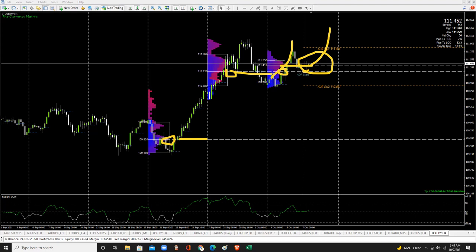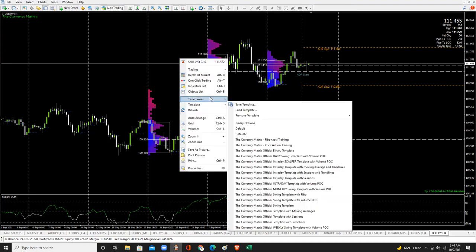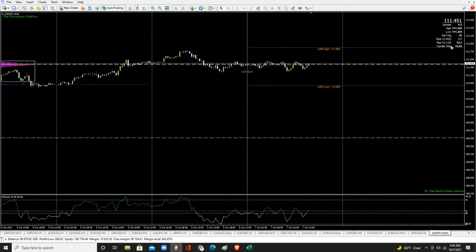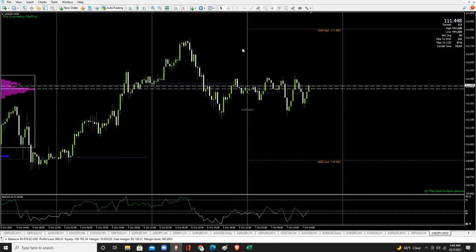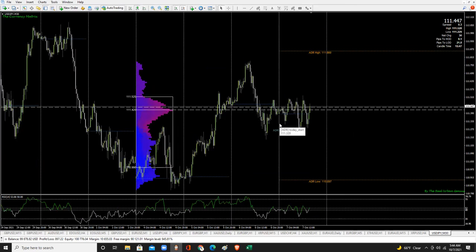Now we can also look at volume on the shorter time frames. Here's the 30-minute volume. As you can see, price is continuing to push up.